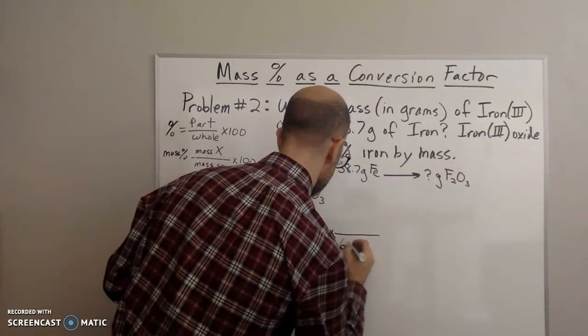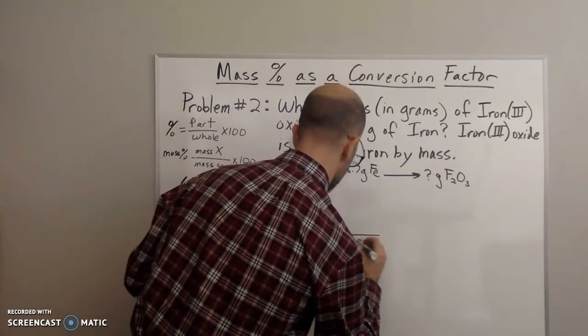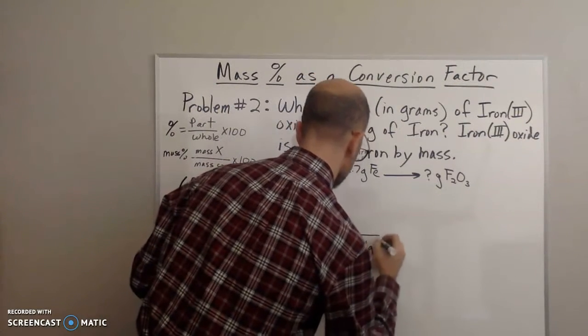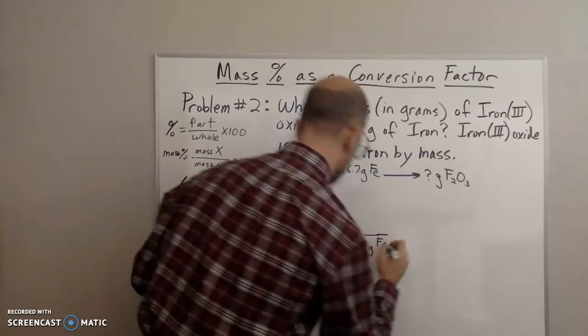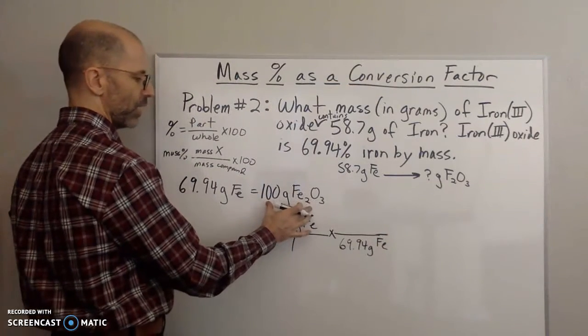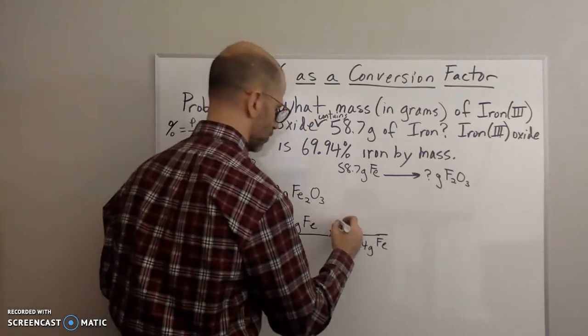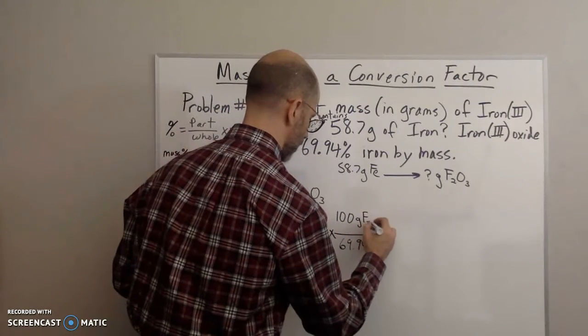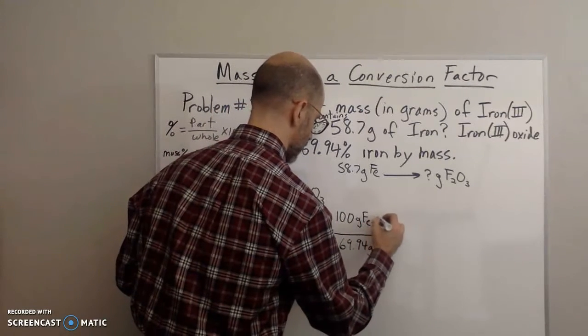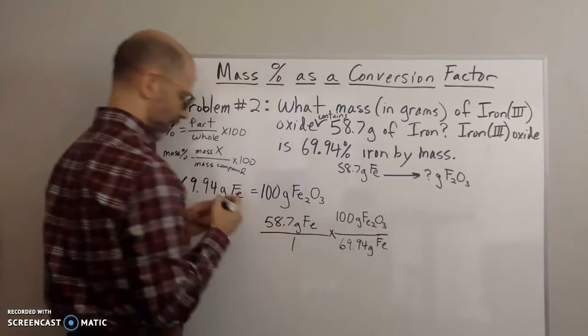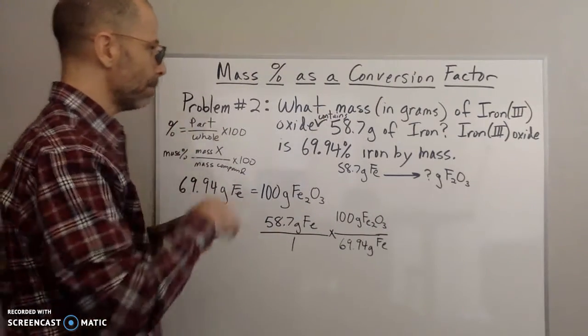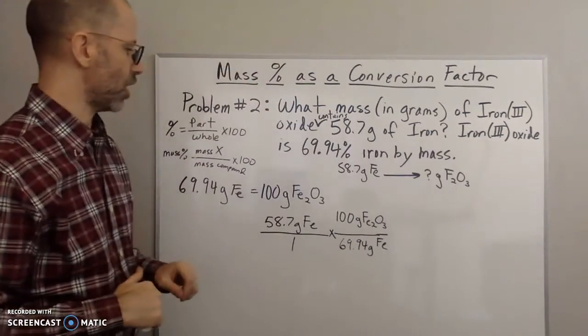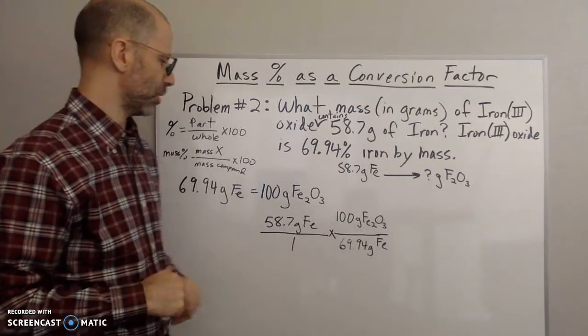So I have 69.94 grams of iron. And that means 100 grams of iron 3 oxide goes on top. So 100 grams of iron 3 oxide. Okay, so remember, the 3 refers to the charge on the iron, not the subscript.